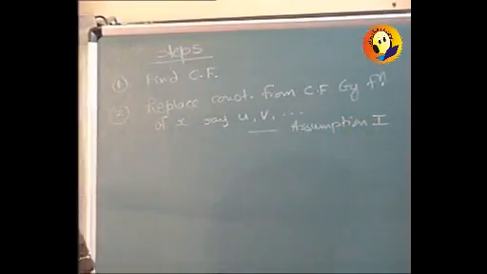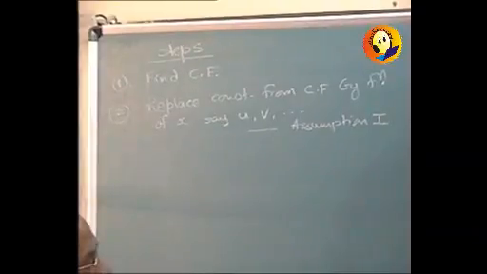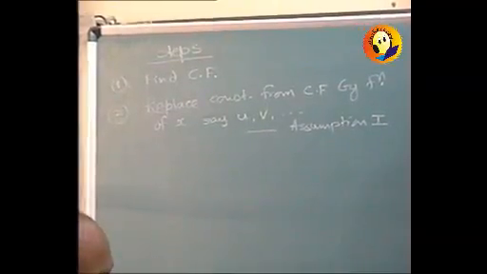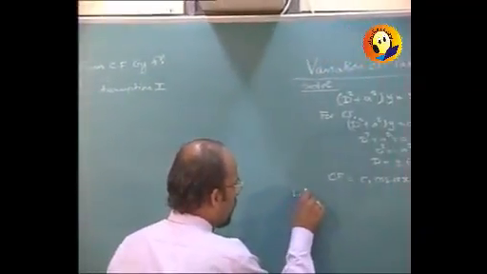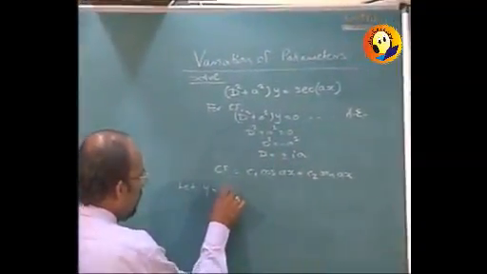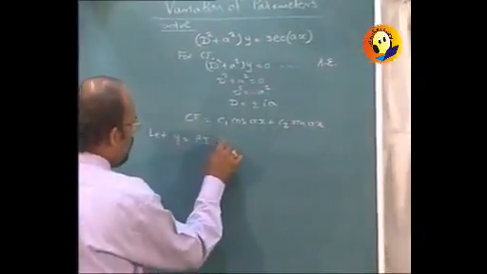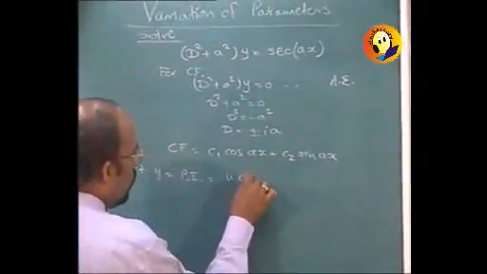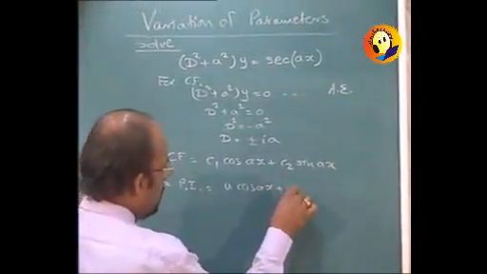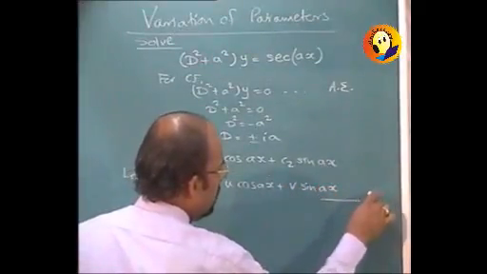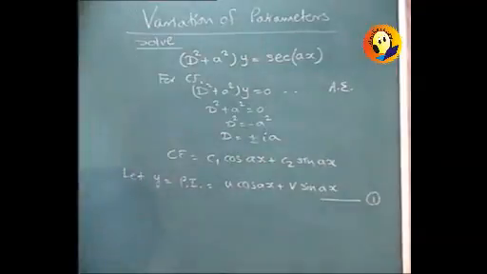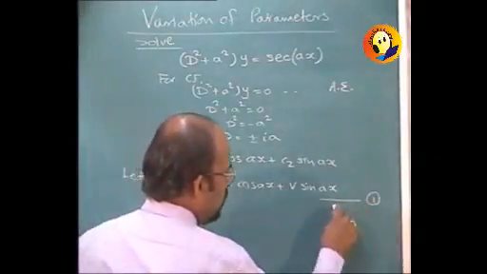Remember, we are required to make two assumptions in this case because the given differential equation is of second order. So we say that let y equal to PI equal to u cos ax plus v sin ax. This is going to be equation number 1. We can also treat this as assumption number 1.